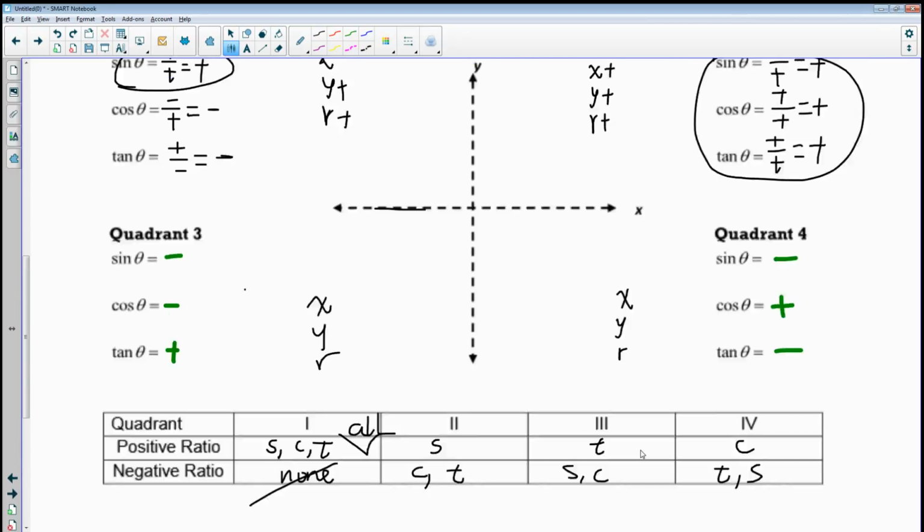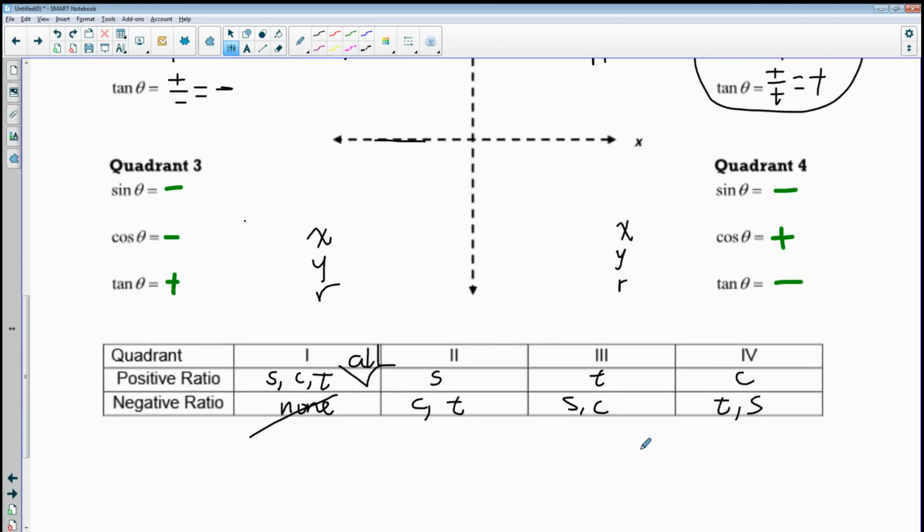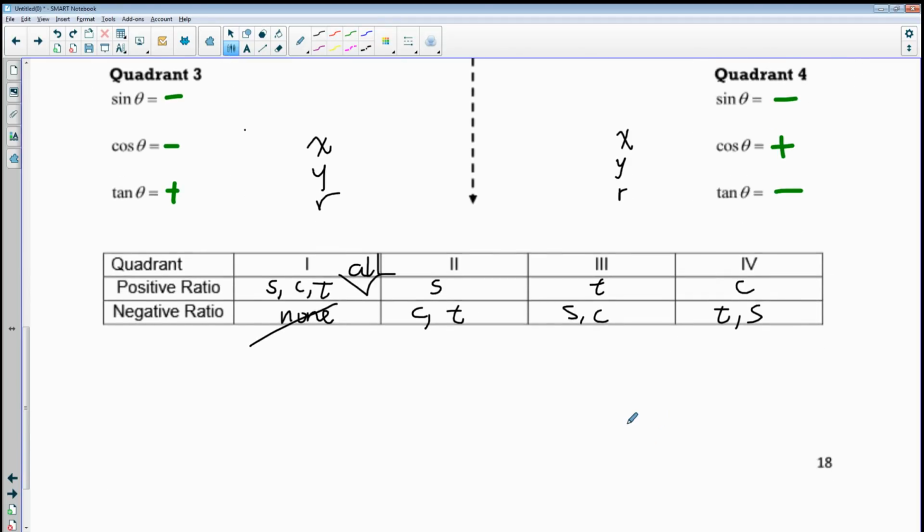So what can we conclude from this observation besides the signs? Well, one other key confirmation, hopefully you notice, is that other than quadrant 1, which is special, where all are positive, only one trig ratio can be positive.